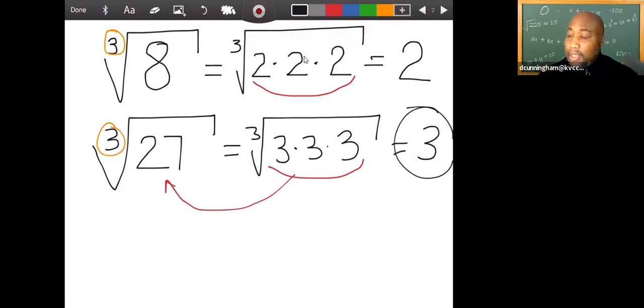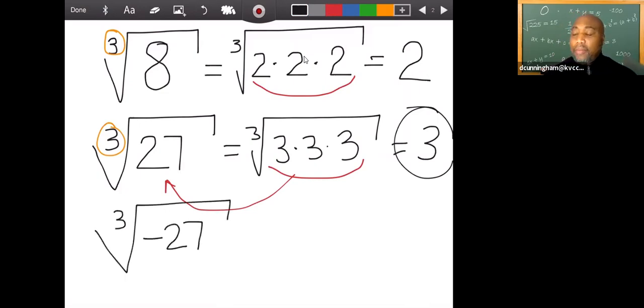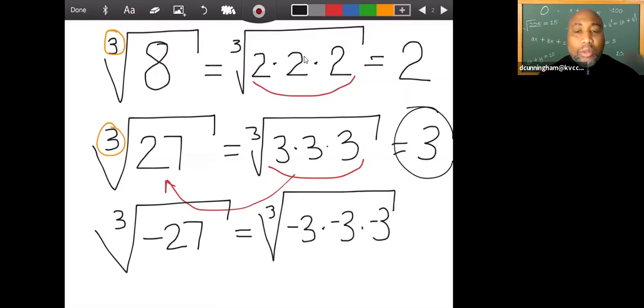Let's do another one. Let's say the cube root of a negative 27. Can we do that? Is that possible? Are there 3 of the same numbers that would give me a negative 27? Let's try all 3 being negative, because you can't have one being negative and one being positive.